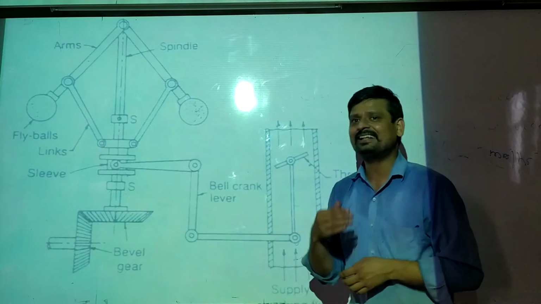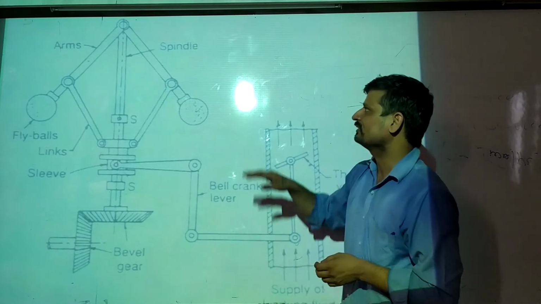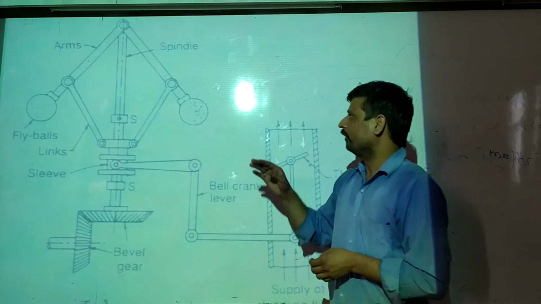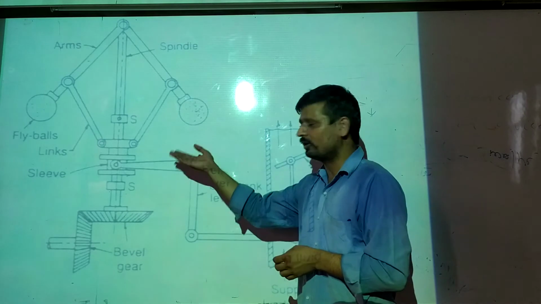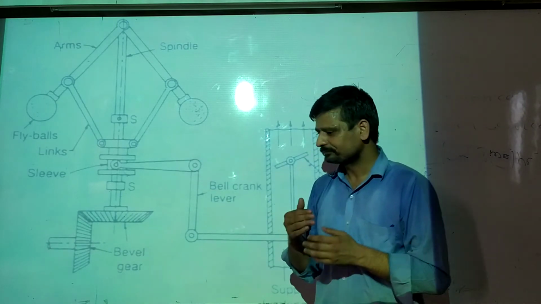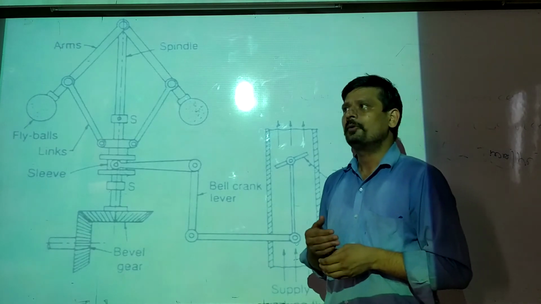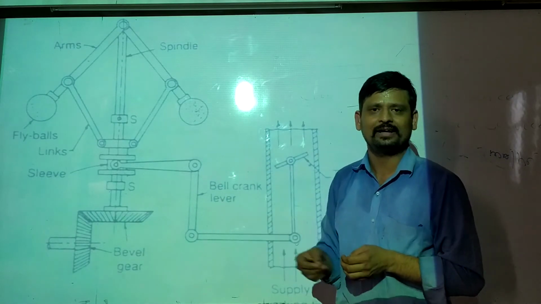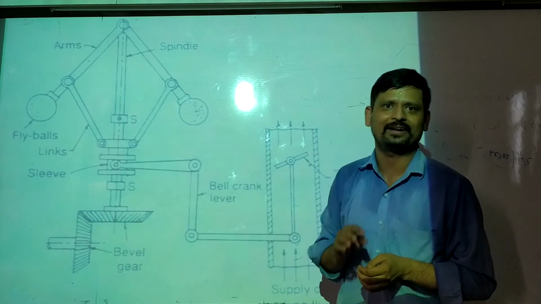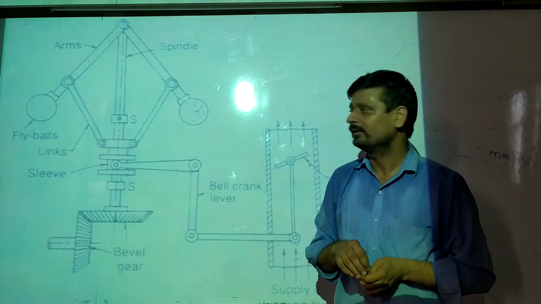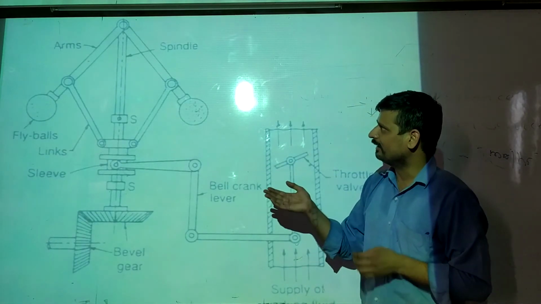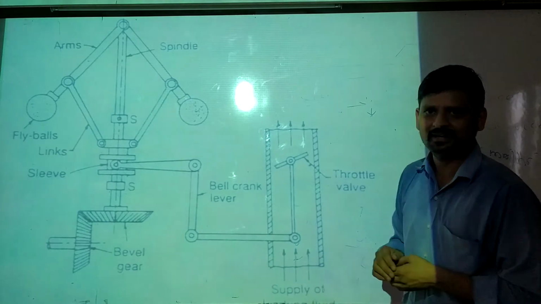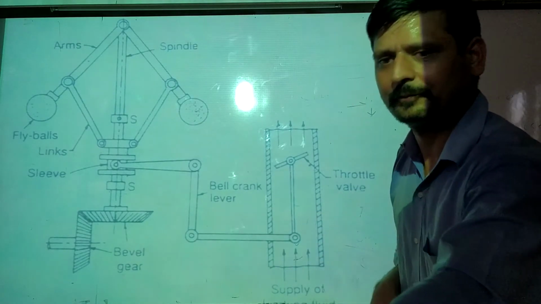Okay, so for maintaining the equilibrium speed of an engine, we use a mechanical governor setup, and the main function, as I discussed earlier, of a mechanical governor or centrifugal governor or Watt governor is to regulate, to maintain the supply of the fuel to the engine so that the speed will be maintained automatically at the equilibrium point. So this is all about the mechanical governor or Watt governor, you can say, systematic diagram or explanation. Okay.